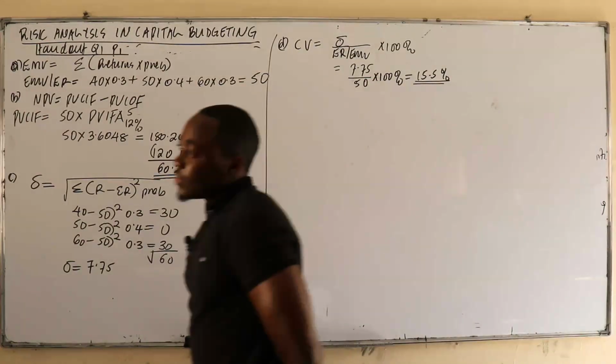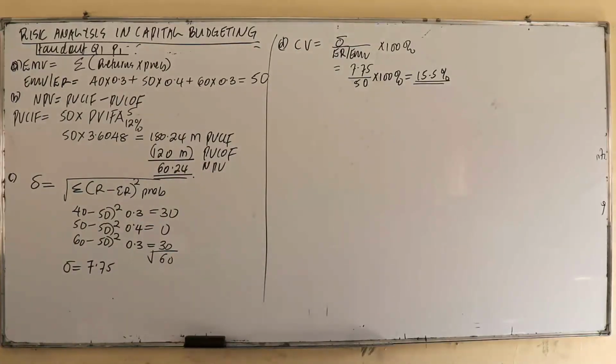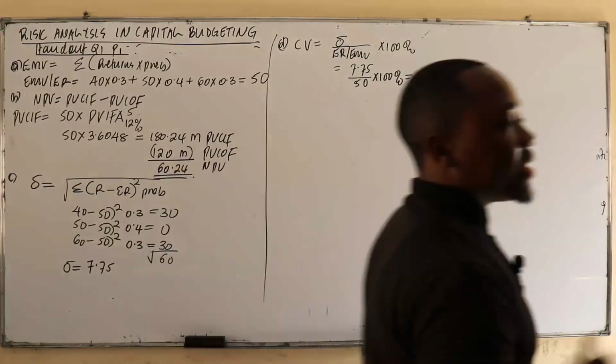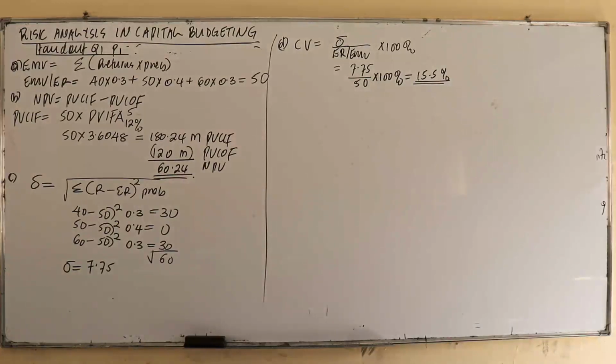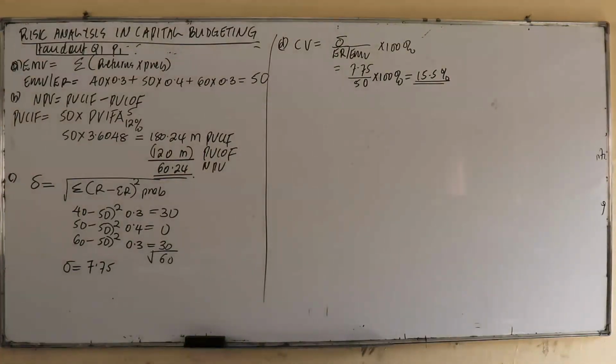Now, my question is, if you're told to describe the nature of the risk, is it a high risk, moderate, or low risk? So now I want individual answers, because we have different perspectives. We have risk taker, risk averse, and risk neutral. So it's either high risk, moderate, or low. What's your perspective? Low, high, moderate, high.